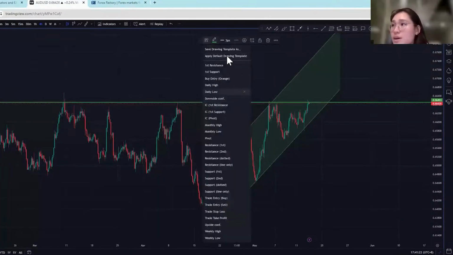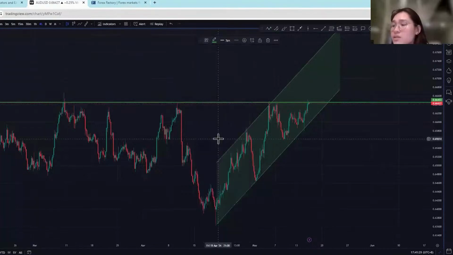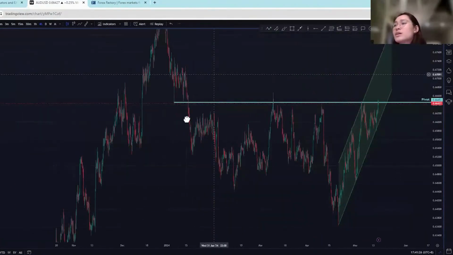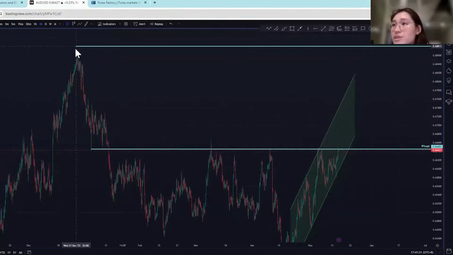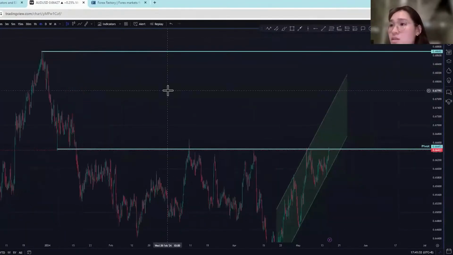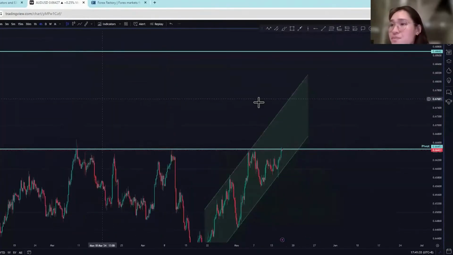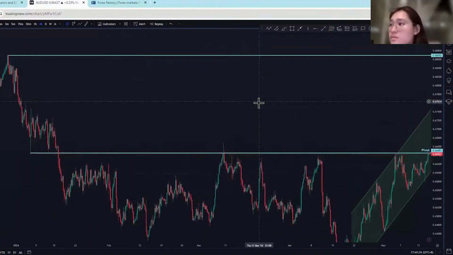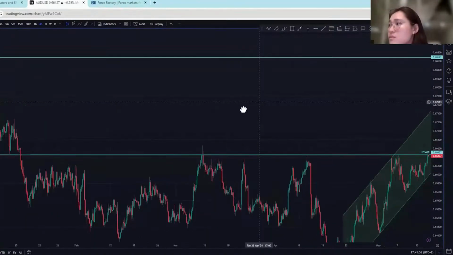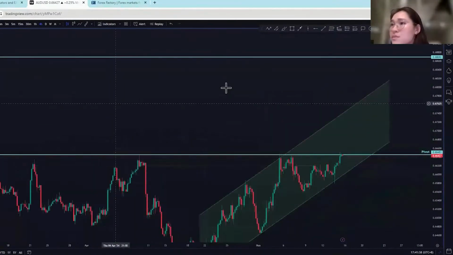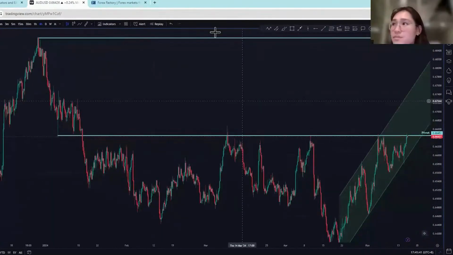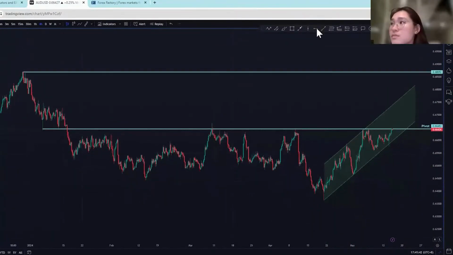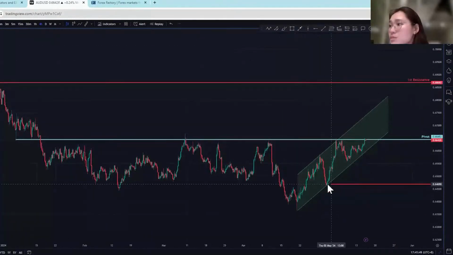Okay, this is my pivot. And my first support, or rather my first resistance, maybe up here, and my first support over here.